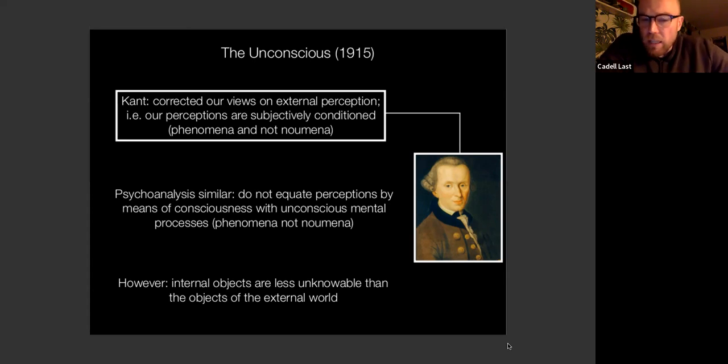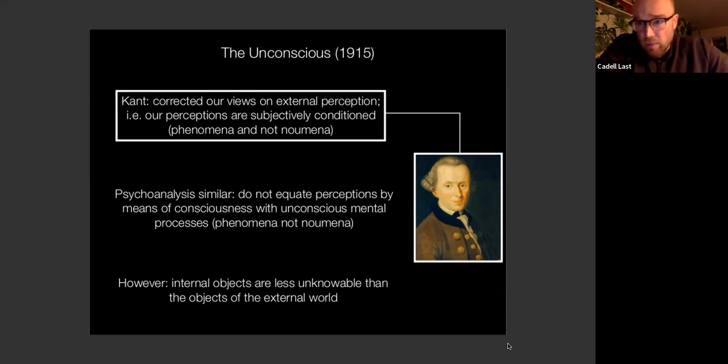And I think here Freud demonstrates a weakness and a limitation. Perhaps he underestimates the fact that just because the internal objects are less unknowable, quote unquote, I think what he underestimates is the degree to which subjects must submit to knowing this unknowability when it comes to our own subjectivity. Whereas when it comes to exploring the external world, there doesn't necessarily imply the same type of inner resistance.